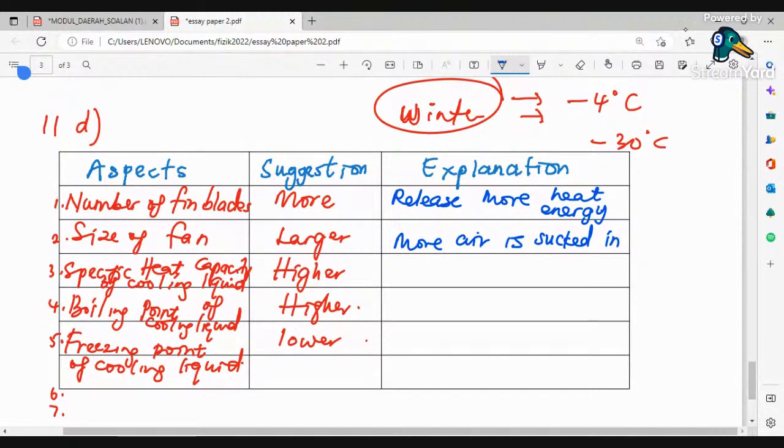Okay, specific heat capacity higher means absorb large amount of heat.